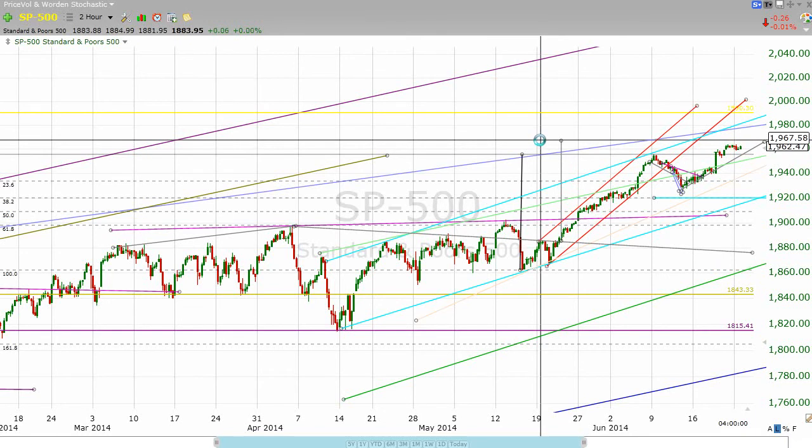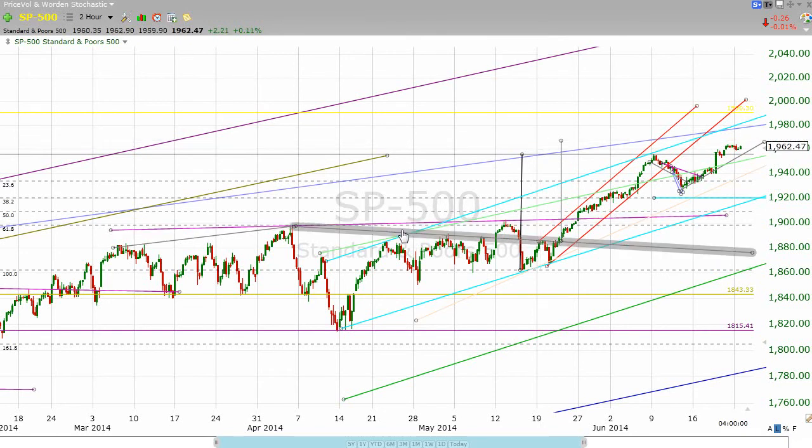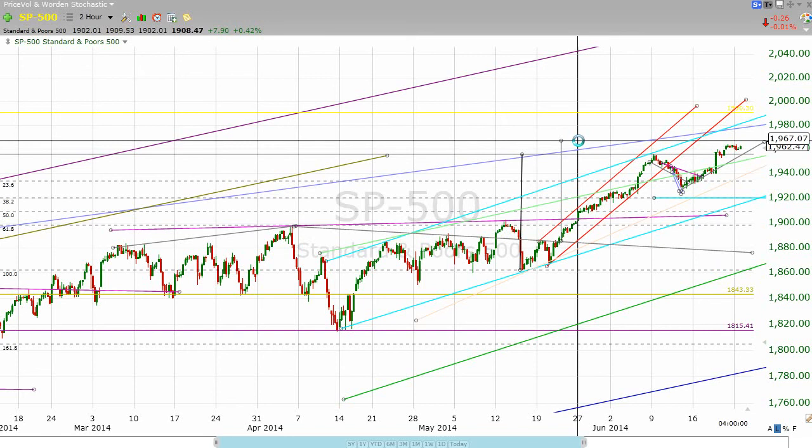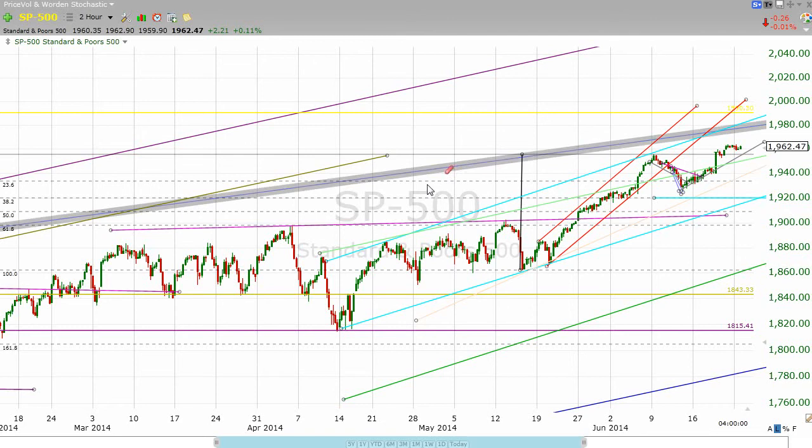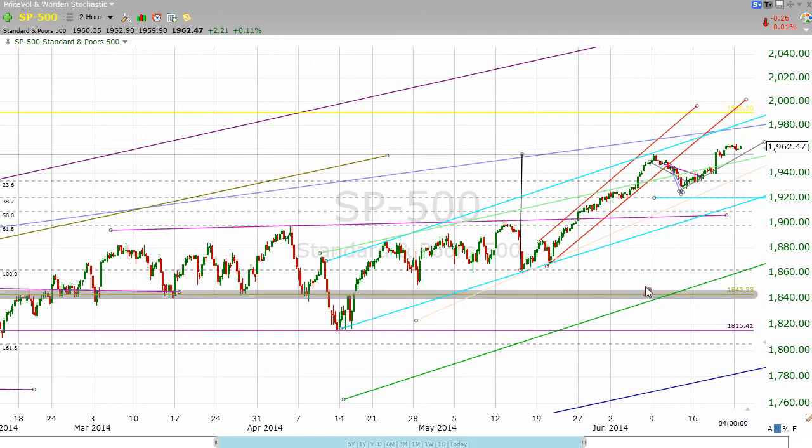So if this is a diamond here, then actually we have a target that's more like 1968. I remind you that is also a minimum target. I'm just not convinced that it's a diamond.